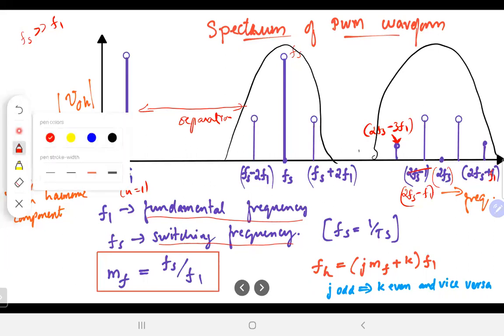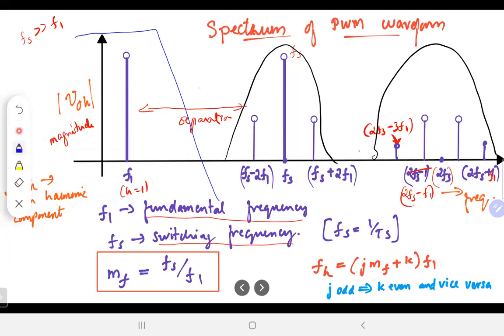If you use a nice filter here, what would happen? I'll use a filter like this. It'll give very low gain for the higher frequencies if you choose the filter appropriately. The filter action would ensure that only the fundamental would survive, or the harmonics would be significantly reduced.